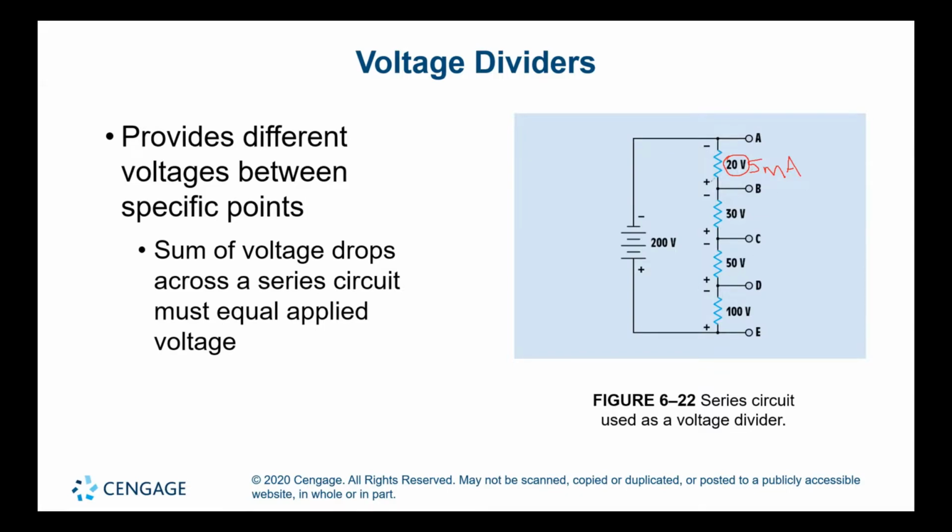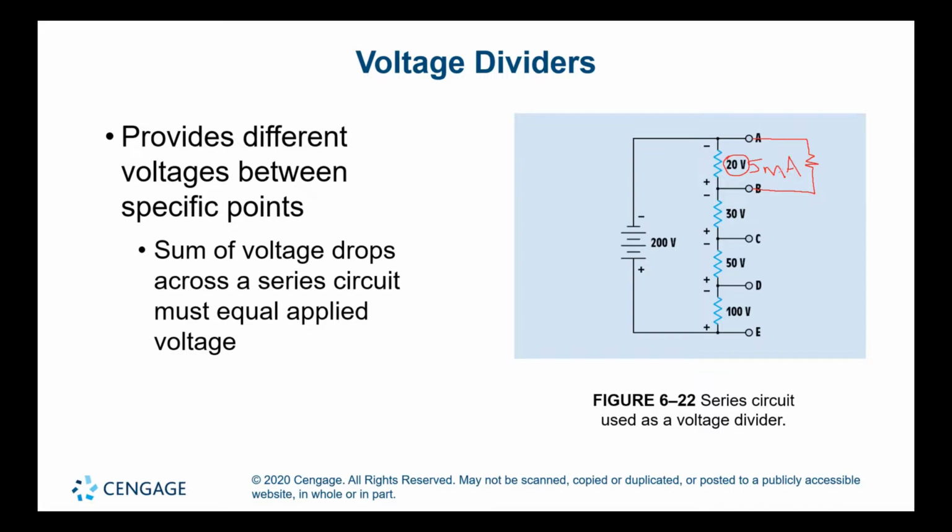So we can use a voltage divider with a small current output. Because once I connect another resistor, which is a load, between point A and B, immediately I am creating a combination circuit, okay?